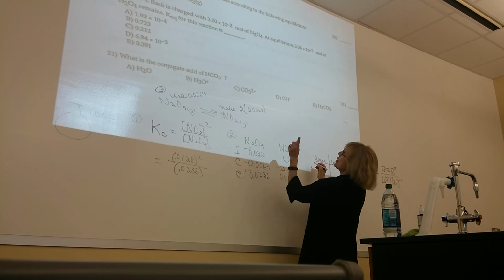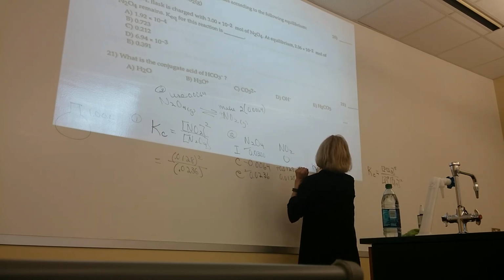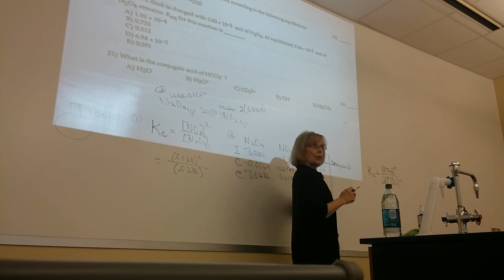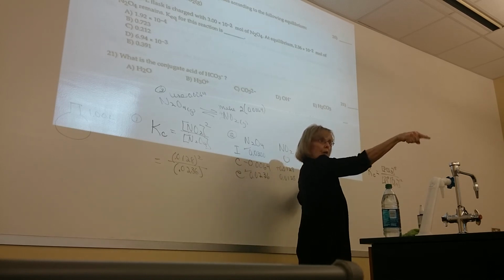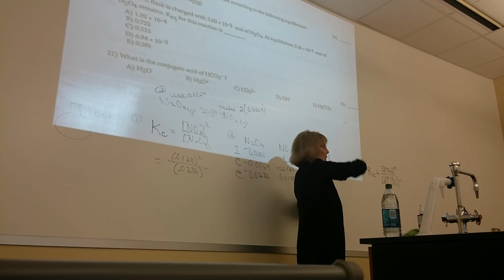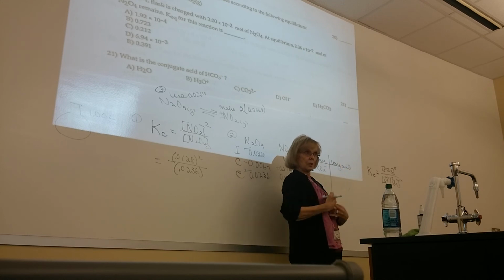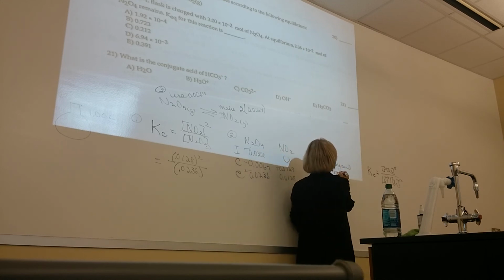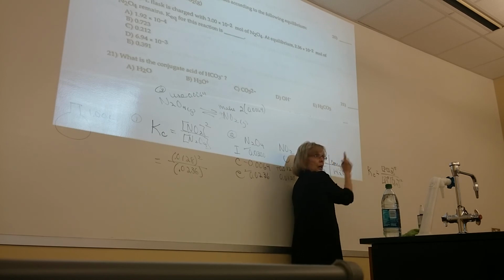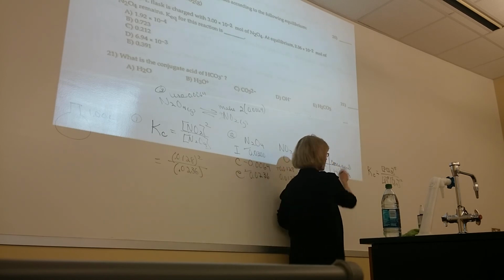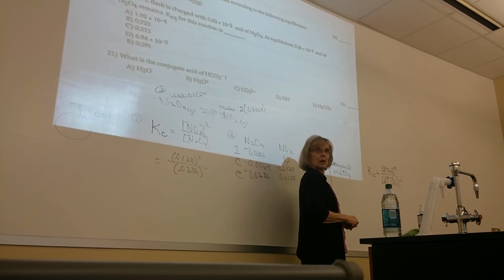Okay, so it's saying HCO3 minus. When it's saying, what's the other one, then it's got to be the opposite. If it's the base, that means it's accepted a hydrogen ion. So I'm going to give it one. And when I give it one, hydrogen ion is a +1, so the charge goes to that.